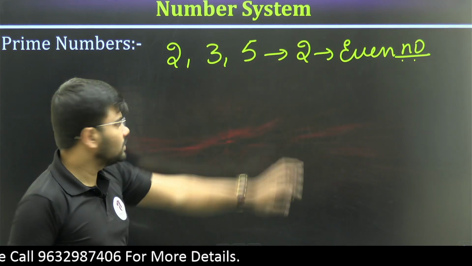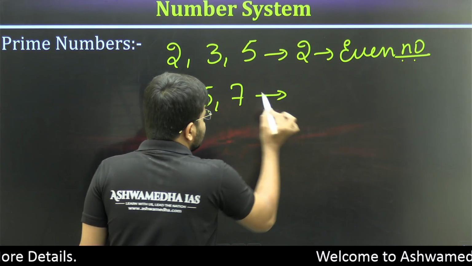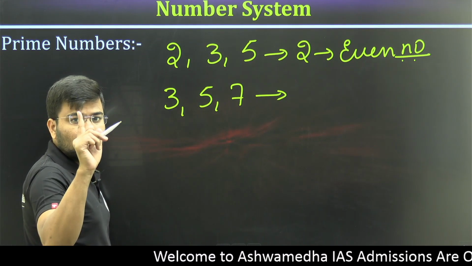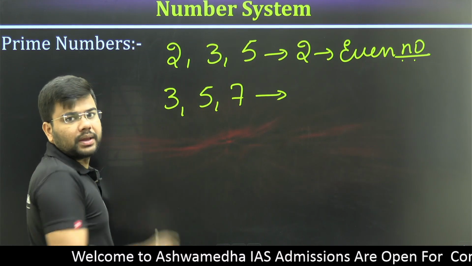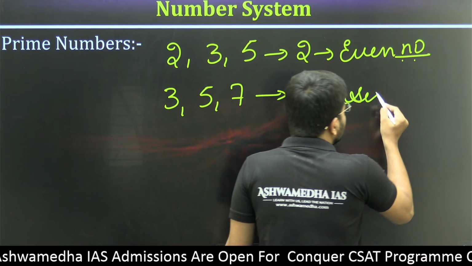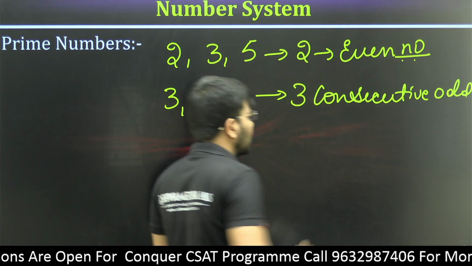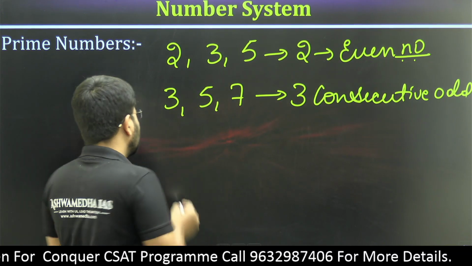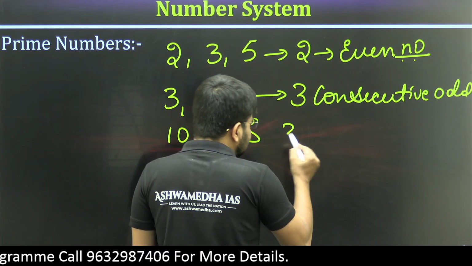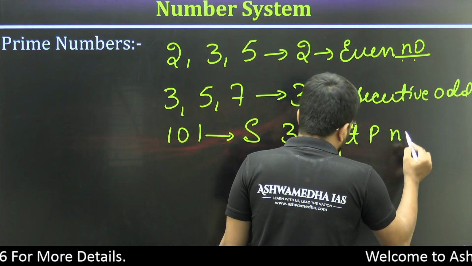Later, 3, 5, 7: these are three consecutive odd prime numbers. And one more, 101 is the smallest 3-digit prime number.